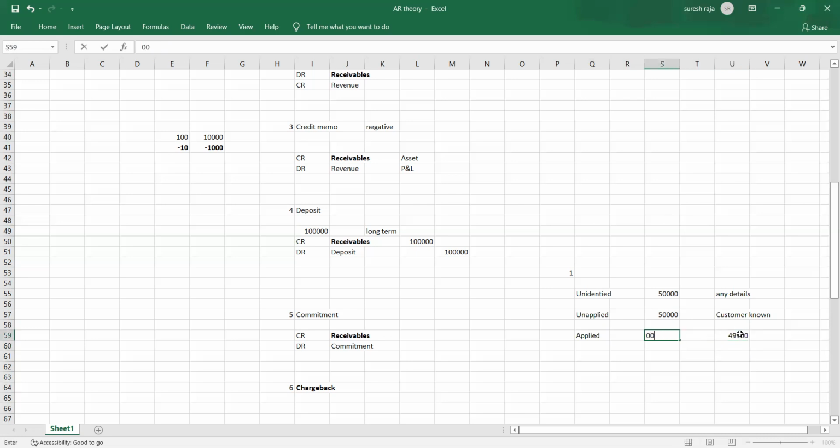So it is the applied status. I applied it. In this receipt step, I know the customer, then I know the invoice. This is the final step. Okay. Clear? Any doubt?